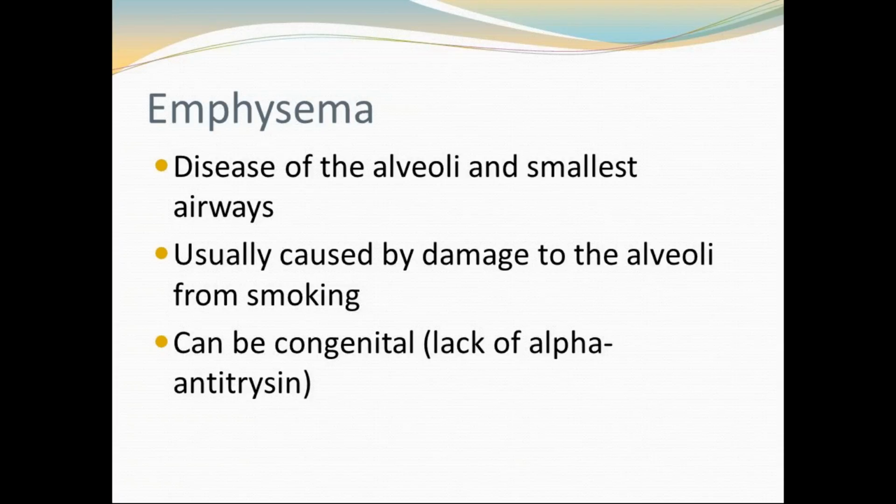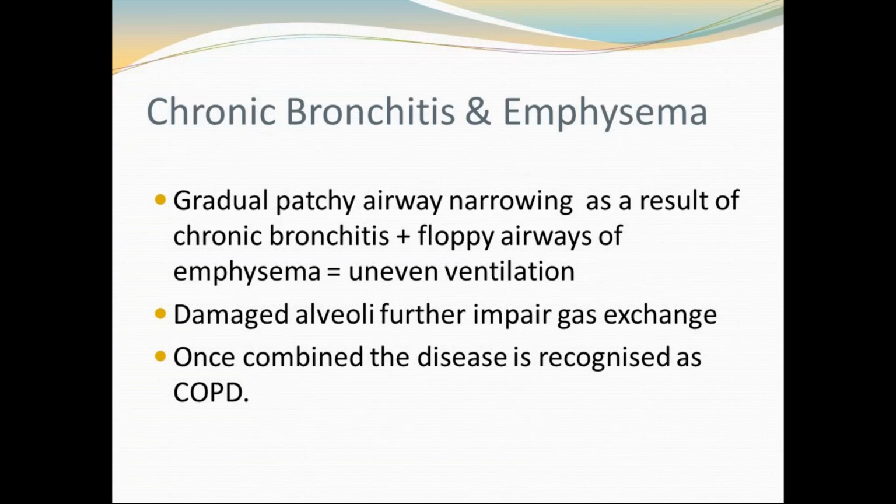So when you breathe in and out, the alveoli expand and contract, and if you've got lack of antitrypsin, then you may well develop emphysema and the alveoli deteriorate. So chronic bronchitis and emphysema are COPD. So gradual deterioration, patchy airway narrowing, floppy airways, uneven ventilation, impaired gaseous exchange, and once it's combined, the disease is recognised as COPD.